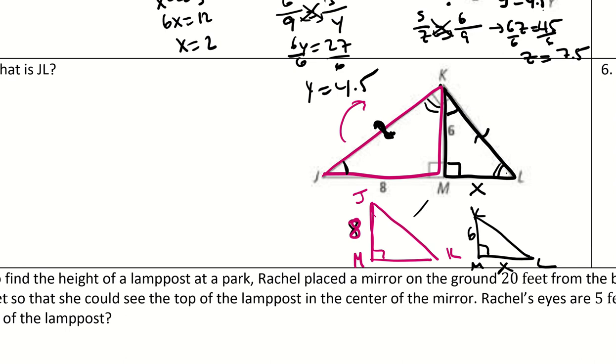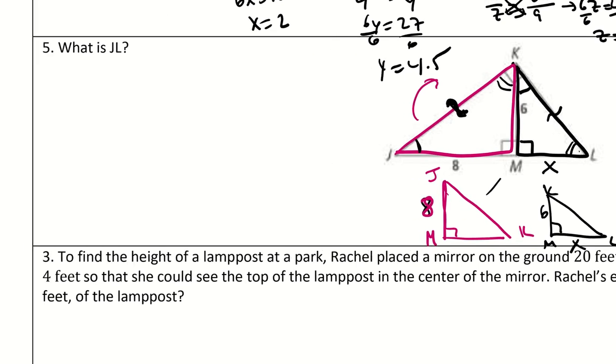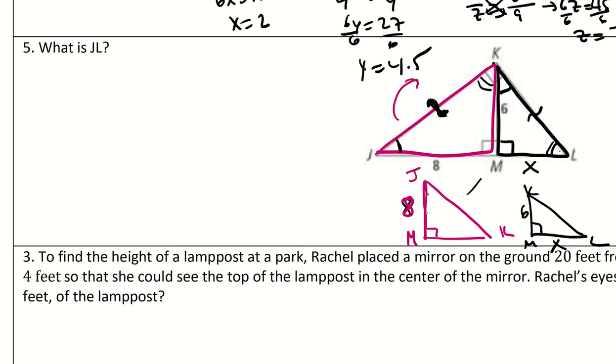Okay, and so what we were saying is that these correspond to each other. I don't have to mark that anymore because they're lined up, so we can tell. So what we're saying is that triangle JMK is similar to triangle KML. All right, so now we can set up the fractions, okay?